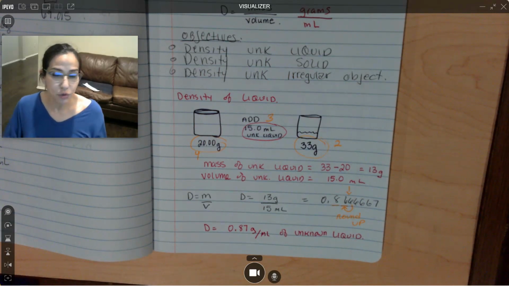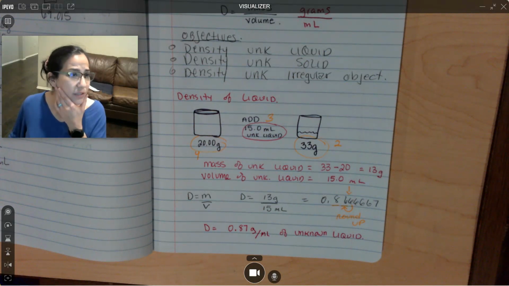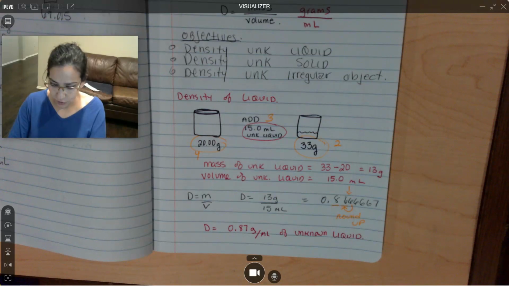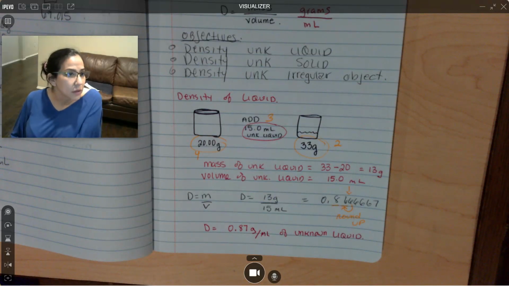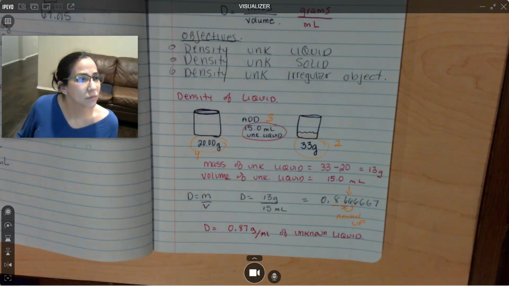So therefore, it's going to float above water. Whatever this might be is going to float above water.